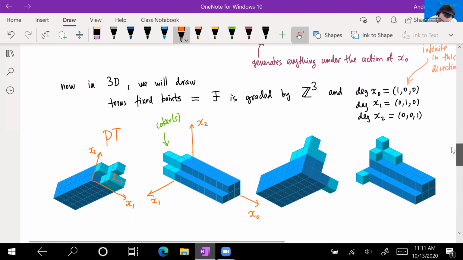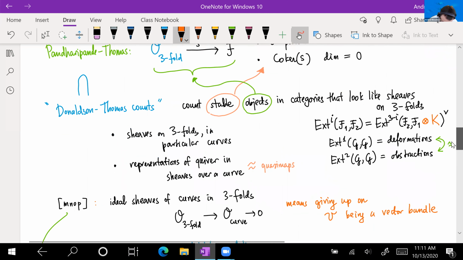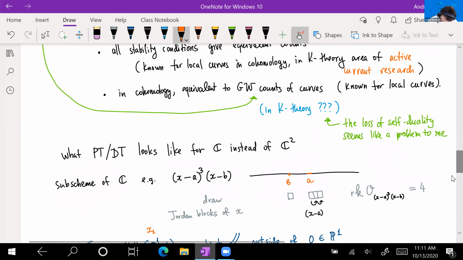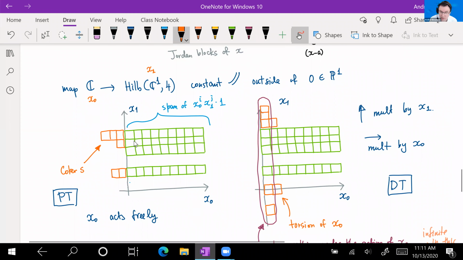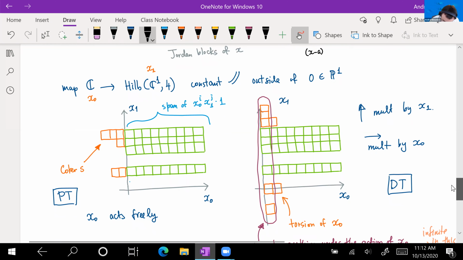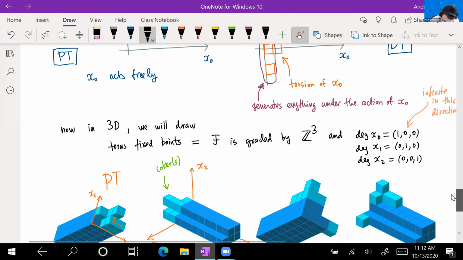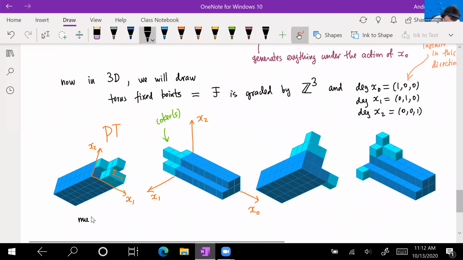maybe the way to say it is that the maps here, multiplication by x naught is always injective, right? X naught has no kernel, so it means multiplication by x naught is injective.